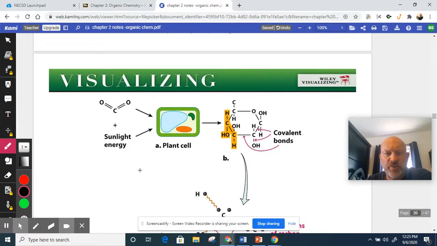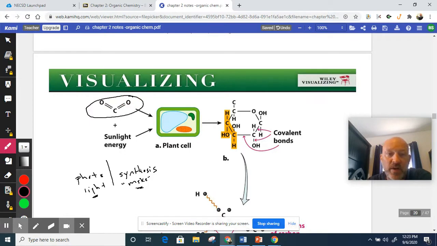This is just a visual interpretation of photosynthesis. Photo means light, and synthesis means to produce or to make something or to build. So photosynthesis literally means making from light. But the plant not only uses light to make glucose, it also uses carbon dioxide, and it also uses water. We need water for this to happen.